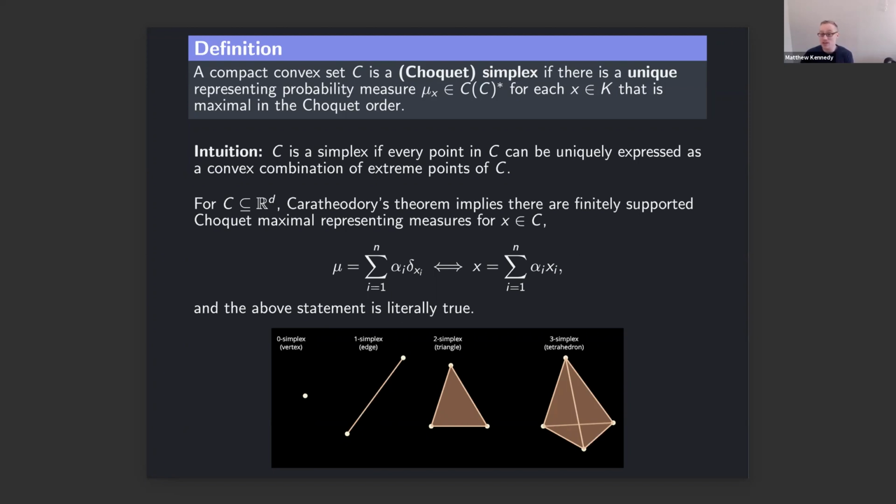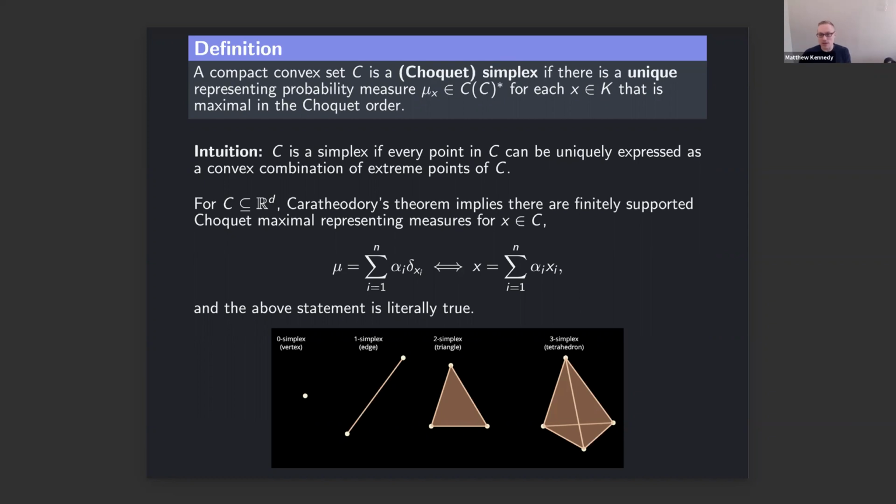So the 0 simplex is a point. The 1 simplex is a line. More generally, we like to think of simplices as triangles or generalizations of triangles, because in 2 dimensions, the 2 simplex is literally a triangle. And every triangle is affinely homeomorphic to your favorite triangle.